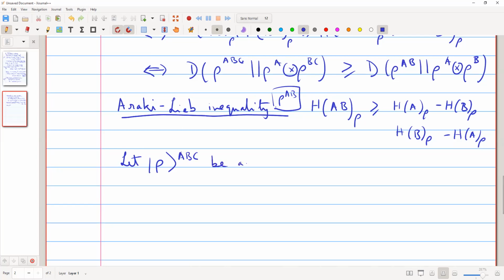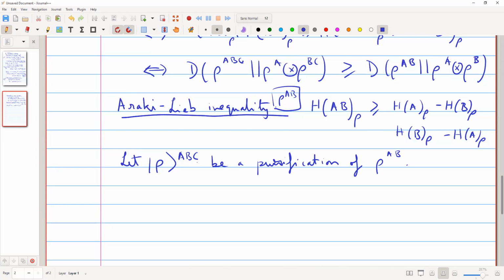So what's a purification? I have a density matrix, a general quantum state out here. Now I'll construct a quantum state on a larger system. There is the original system, which is AB, and then I put in another register. I'm calling it C here. C is sometimes called the purifying register.